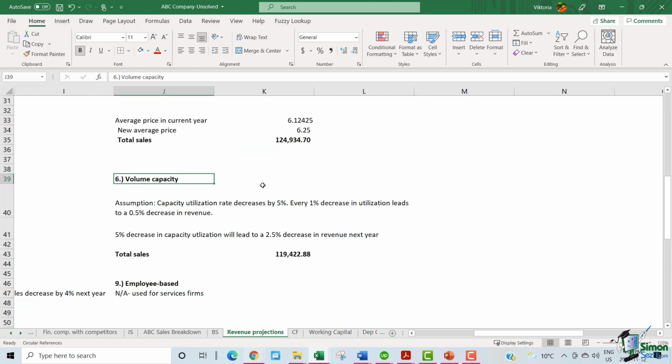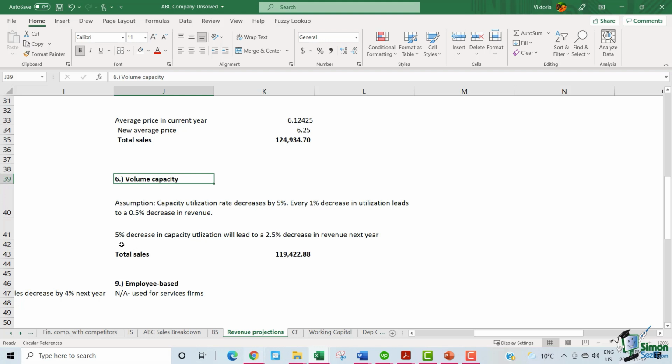We can also use a volume capacity approach. This approach is important for businesses where production capacity is essential to the decision. Let's apply this approach to ABC. The assumption is that the capacity utilization rate decreases by 5%, and every 1% decrease in utilization leads to a 0.5% decrease in revenue.